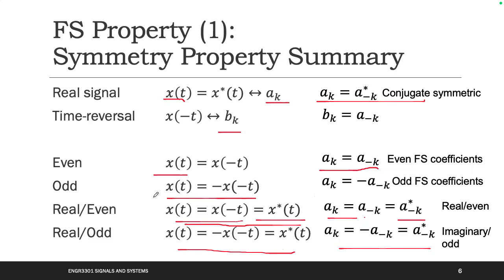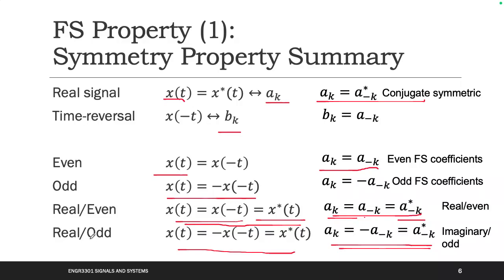If your FS coefficient has this property, you will know your signal is real and even. If it has this property, your signal will be real and odd. It will help you decide what kind of signal your original signal is.